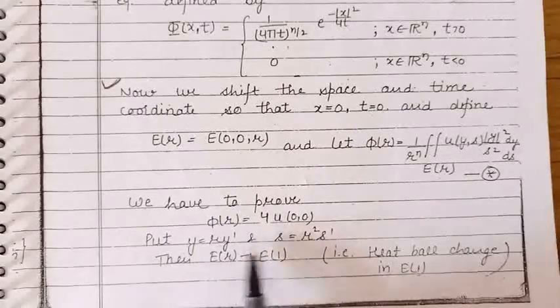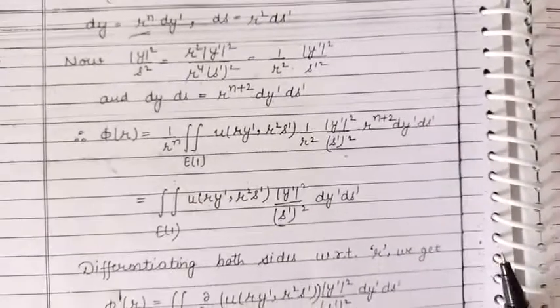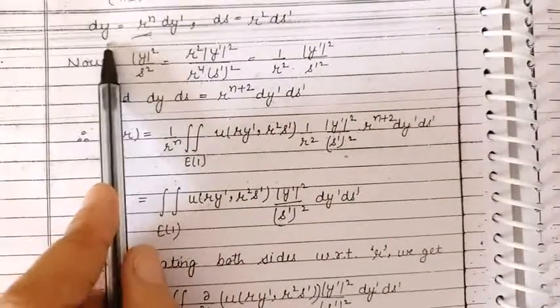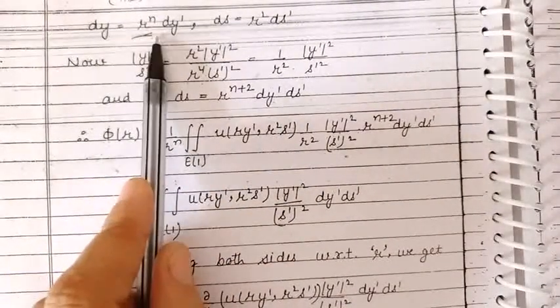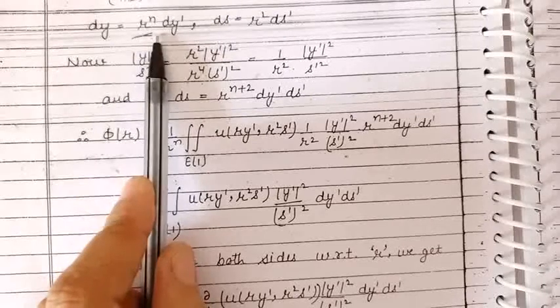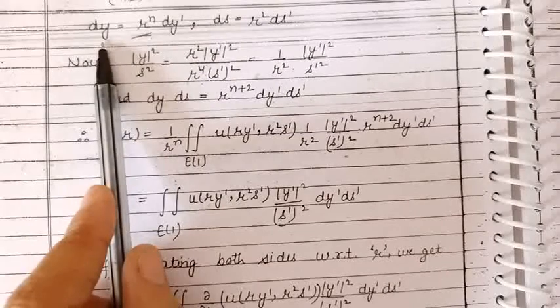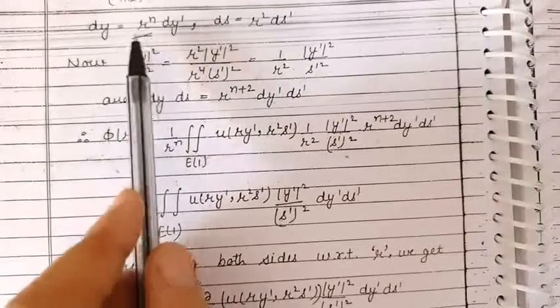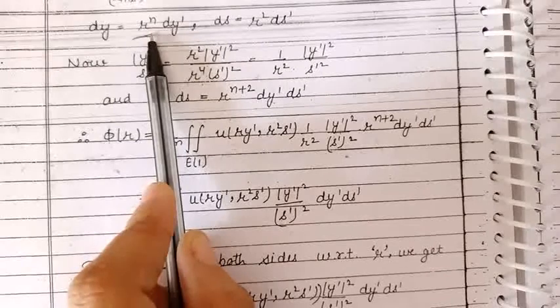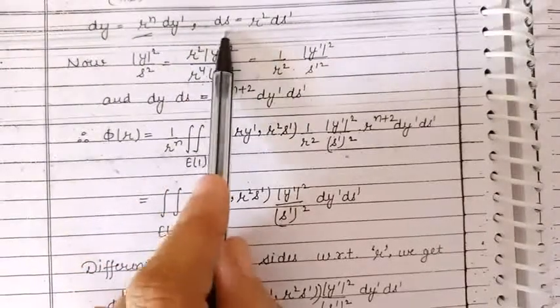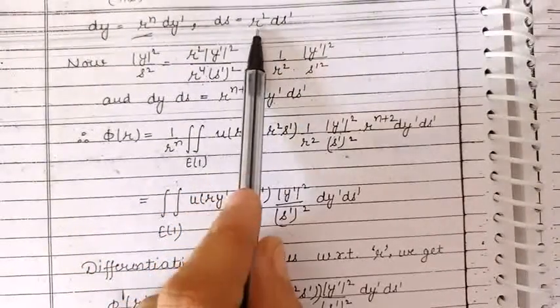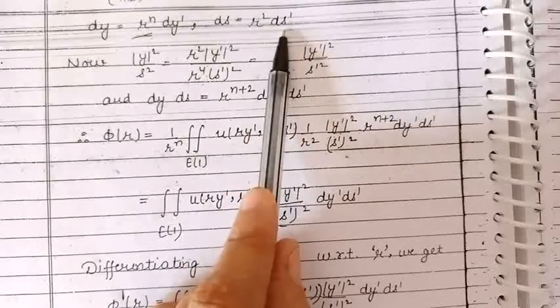Now let us differentiate these two. Differentiating, on the left side we get the derivative dy. On the right side we have r raised to the power n into dy dash, because here y is an n-dimensional vector, so when we differentiate we get r raised to the power n, and differentiating s we get ds equal to r square into ds dash.